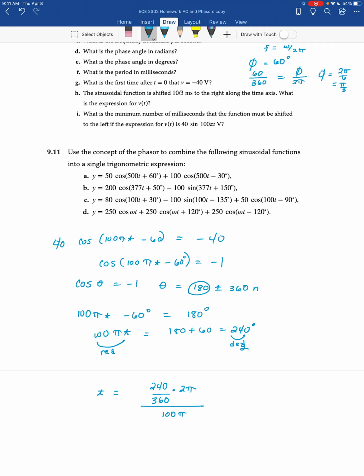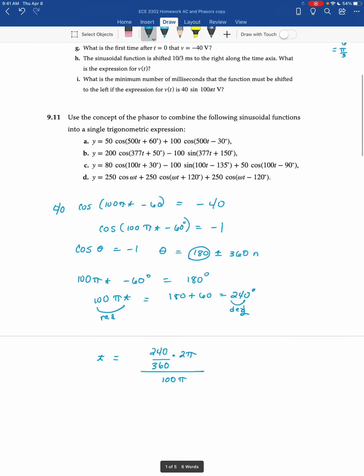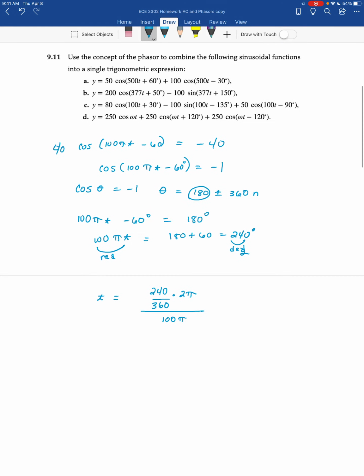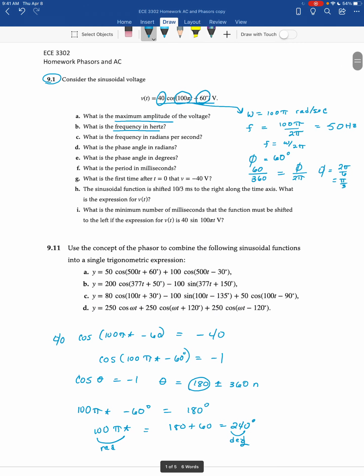We're also asked, the sinusoidal function is shifted 10/3 of a millisecond to the right along the time axis. So what is the expression for v of t? Okay, so first of all, a shift to the right is a negative phase. So 10/3 of a millisecond is the actual shift that you want.